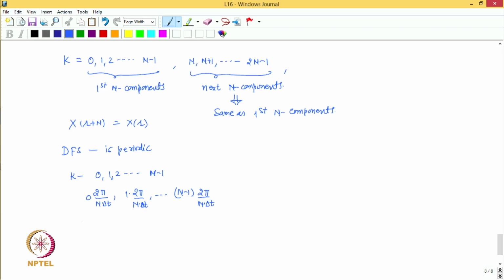And therefore, the periodicity in the frequency domain would be simply n into 2 pi upon n delta t, which basically means 2 pi into the sampling frequency, which is nothing but the sampling frequency in radians per second.